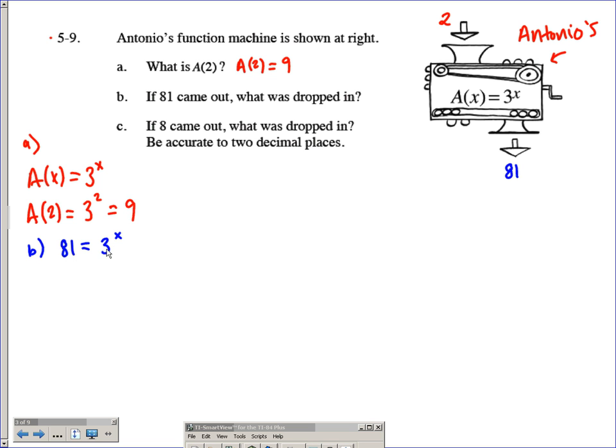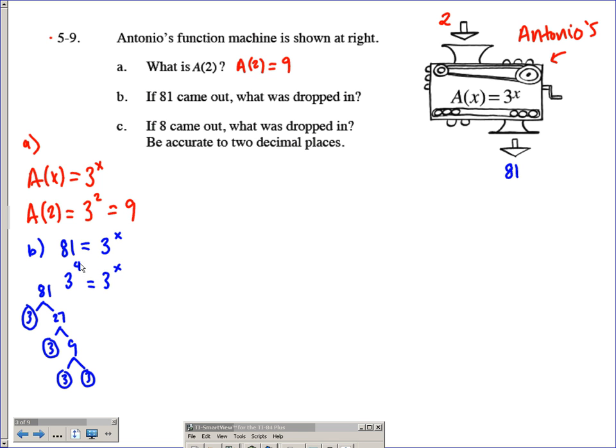Now remember, 81 and 3 have a special relationship here. 81 is the same thing as 3 times 27. Remember, 3 is prime. We take 27 and break it into 3 times 9, and then 9 breaks into 3 times 3, which tells us that 81 is equal to 3 to the 4th power. So let's rewrite this as 3 to the 4th power is equal to 3 to the power of x.